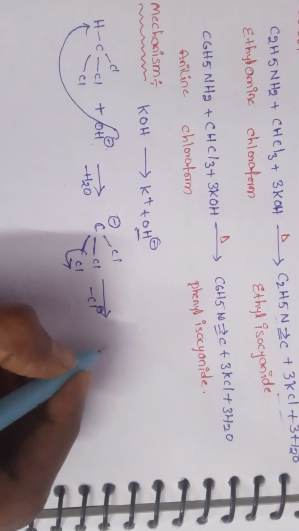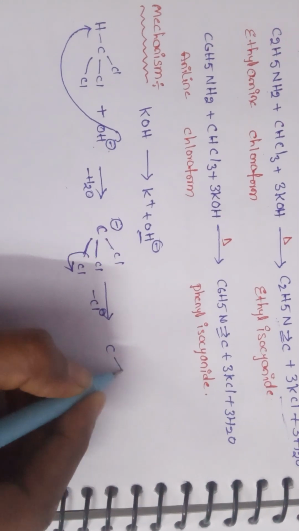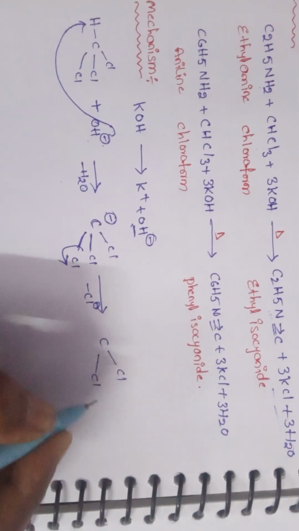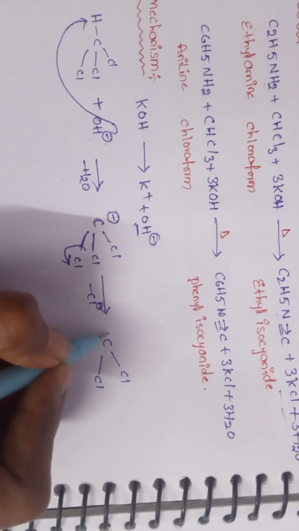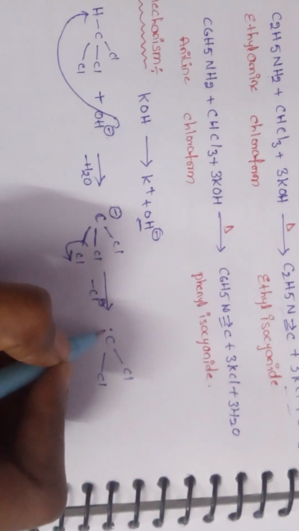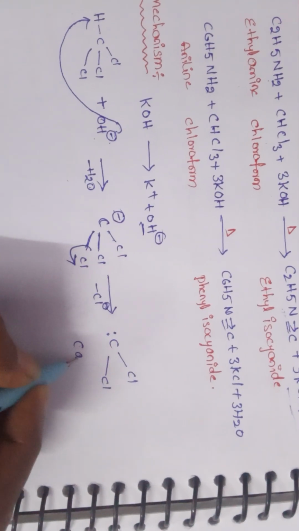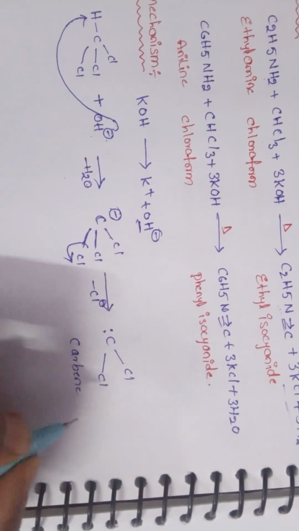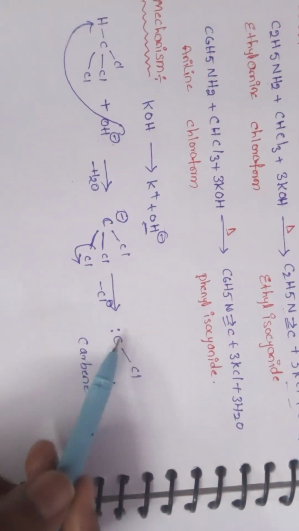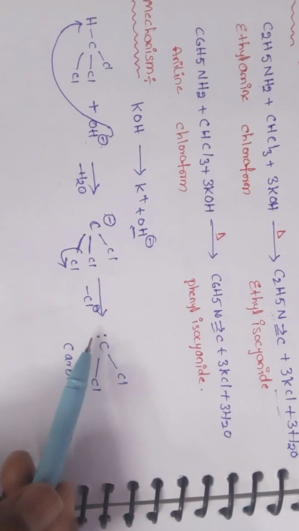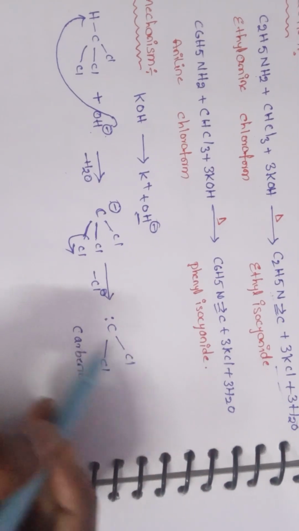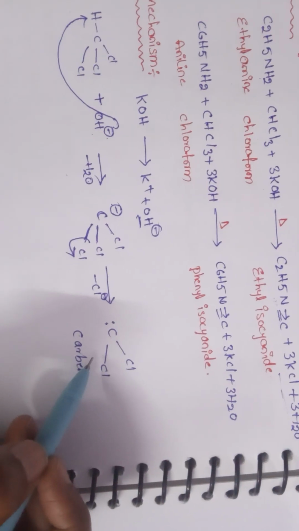Carbon is there with two chlorines, and the carbon gets a lone pair. This is the formation of carbene.